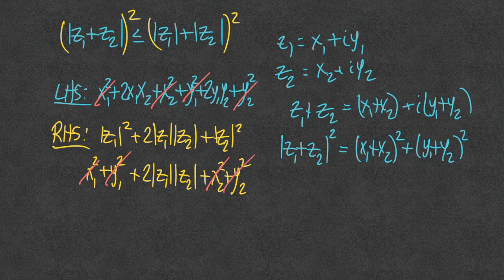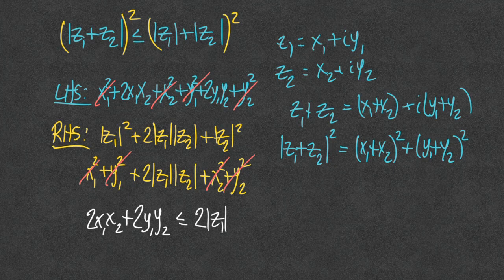And so ultimately what we have is our inequality is now turned into 2x1 x2 plus 2y1 y2 less than or equal to 2 times the modulus of Z1 modulus of Z2.